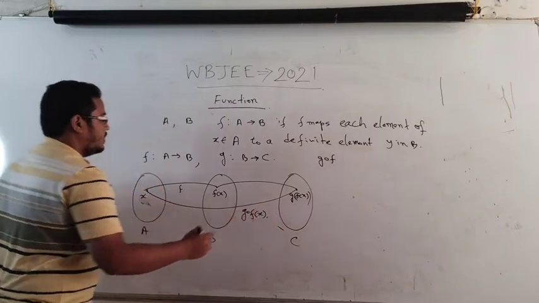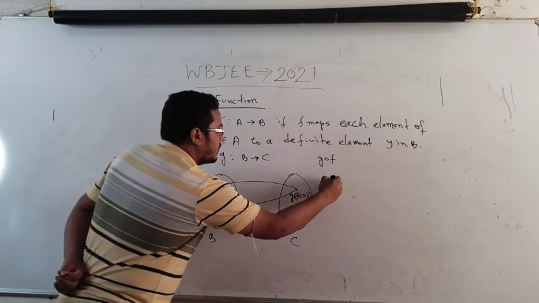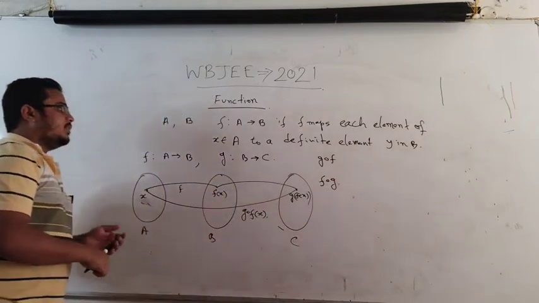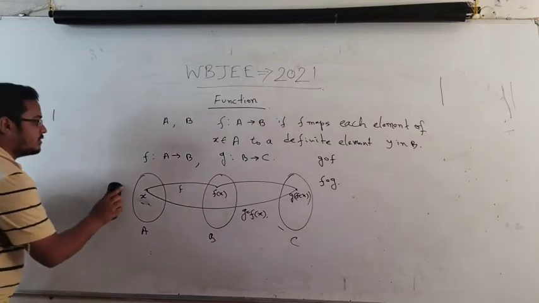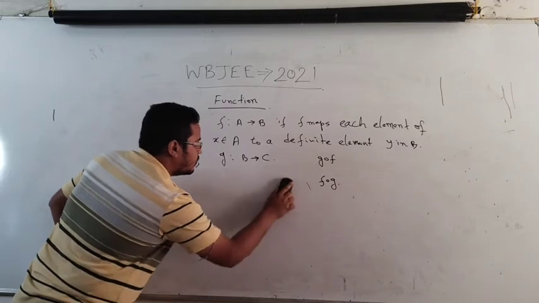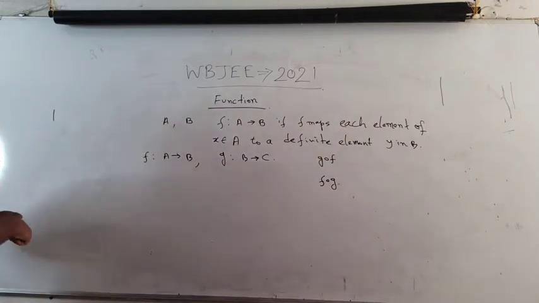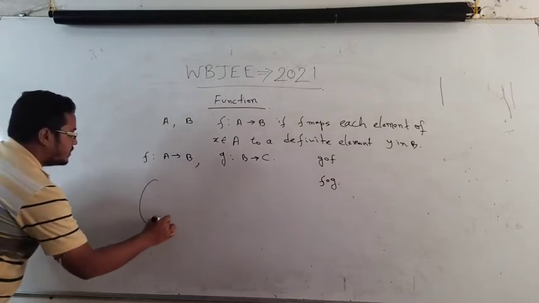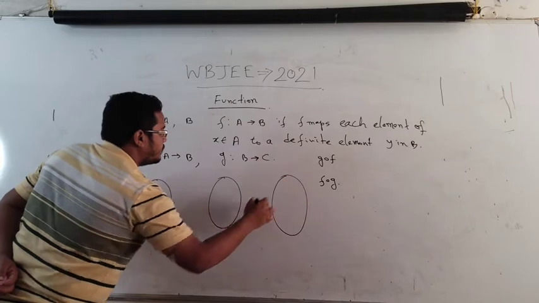But the composition f o g will not be defined in this way. This has some restrictions. If we try to compose f and g, first g and then f, there are some restrictions under which f o g will be defined.